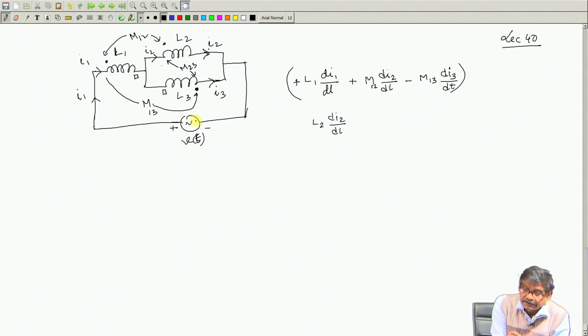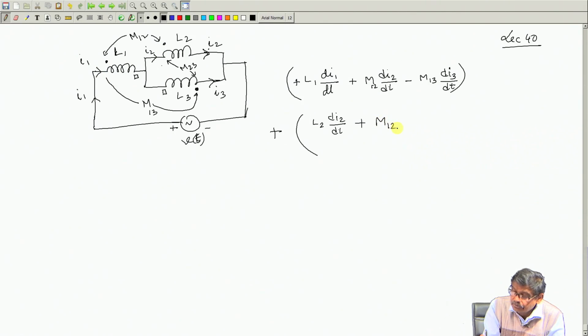Then I have to write down the voltage drop between these 2 points to get V(t). So, what will be those terms? This will be plus L2 dI2/dt, fine. Then because of I1 there will be induced voltage. So, which side will be plus? This left hand side, because through the dot I1 is entering. So, M12 dI1/dt.